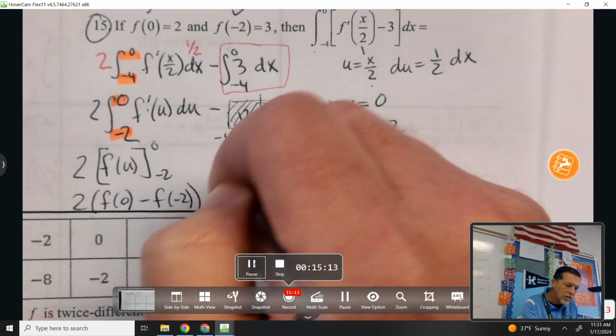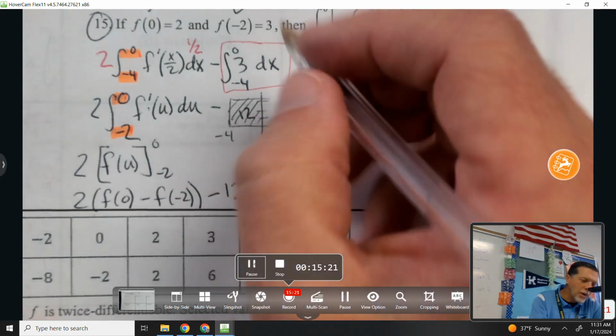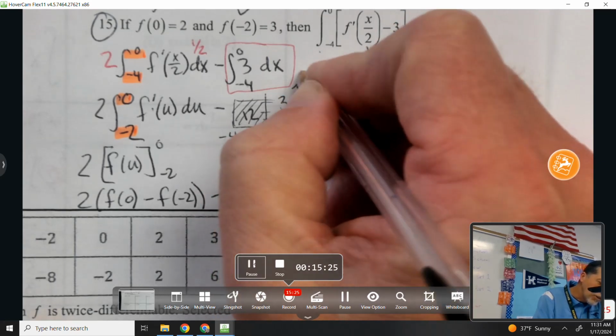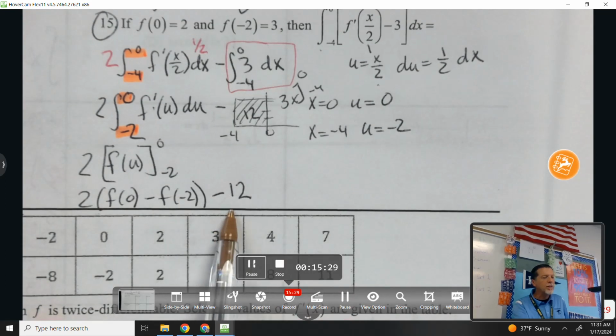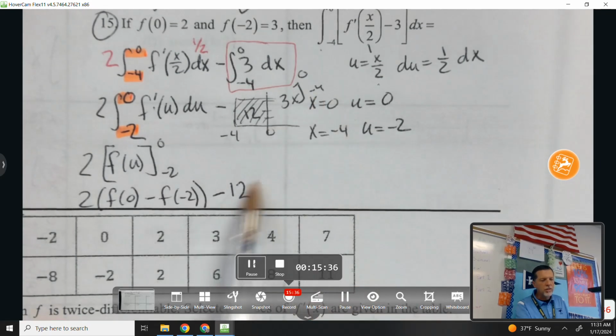So I'm just going to subtract 12. That's the area way. The other way is to do 3x from -4 to 0, and you can tell pretty quickly you're going to get 0 minus -12, which turns into 12.